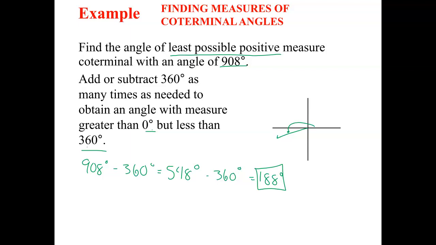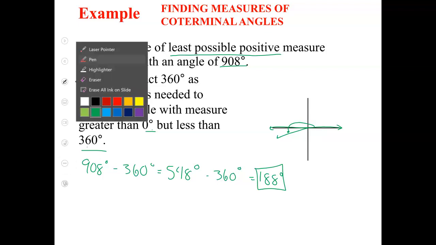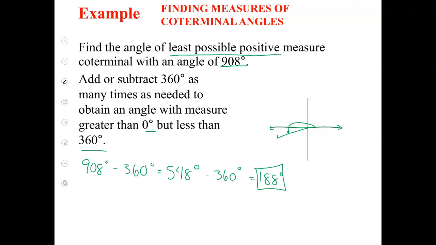A straight angle is what measure? 180 degrees. Each of these are 90. 90 degrees, 180 degrees, 270, 360. So I've got my angle in quadrant 3. We did 2 full rotations, or we took away 2 full rotations before I got to 188.